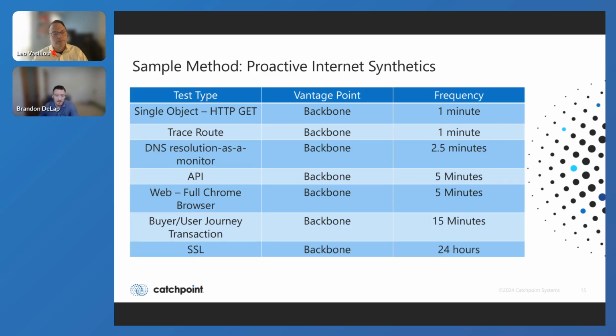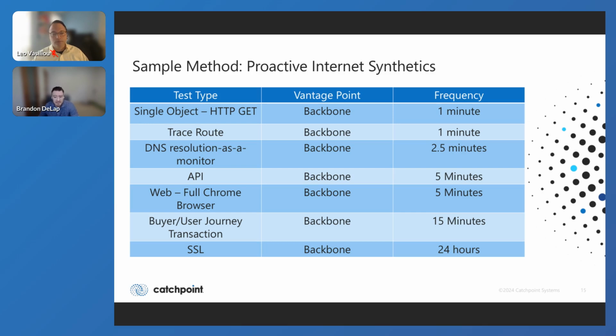Now, here's a sample of some observations to make using proactive internet synthetics. Internet synthetics being a unique Catchpoint IPM capability for deep visibility into your internet stack. That is, your services are way more than just a simple web page. It's essential to note that these frequencies and test types that you see on the screen here are tailored to typical use cases. So depending on the unique needs of a service, the frequency could be increased to sub-minute intervals, or maybe additional tests can be incorporated for a more granular view.